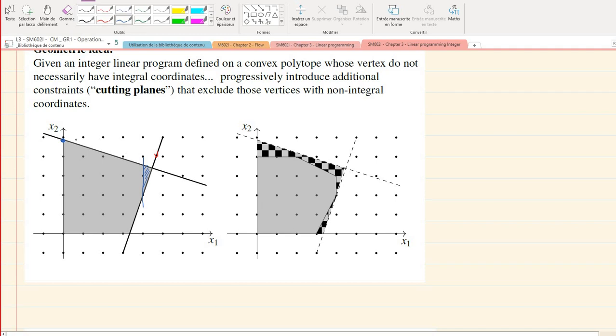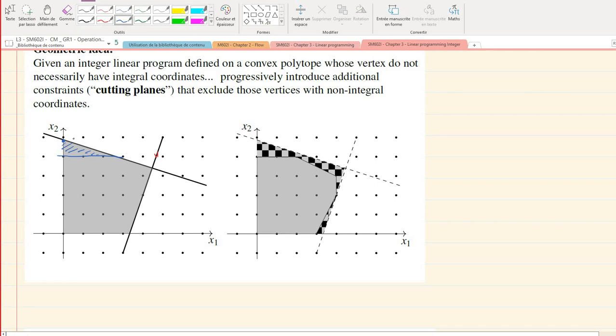Okay, so the cutting plane you add should first keep all the integer points inside, but also the point that was the solution to your relaxed problem should be removed from your new domain. So the cutting plane I will introduce in this case is this one. So I will remove this part where I don't have any integer coordinates, and I will remove the point that was the solution for my relaxed problem.